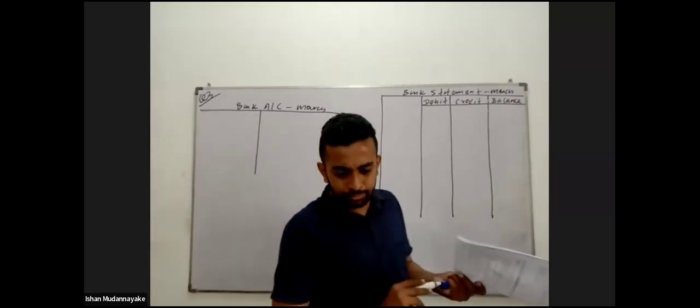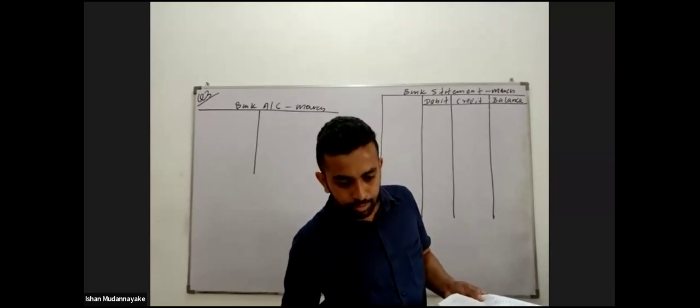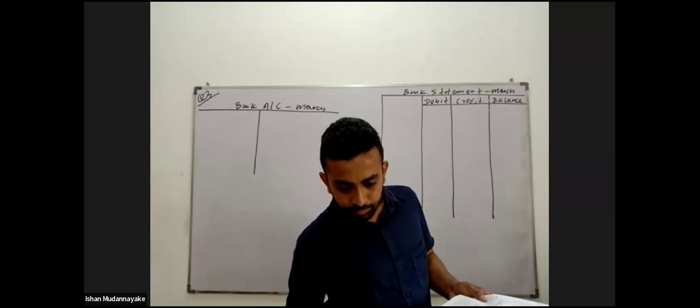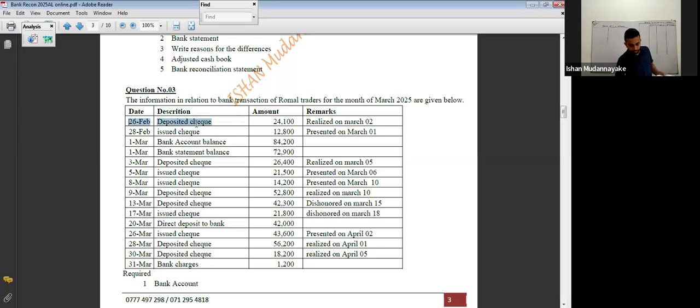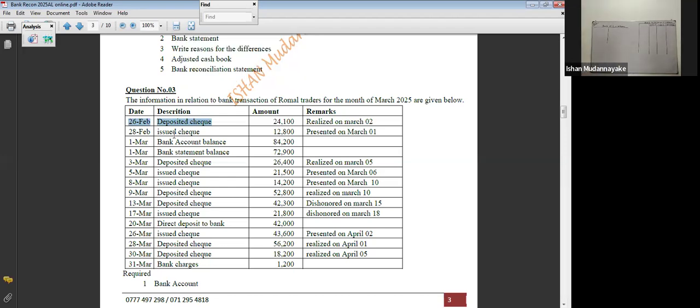But look at the question. The question says: 26 February, deposited cheque 24,100, realized on March 2nd.